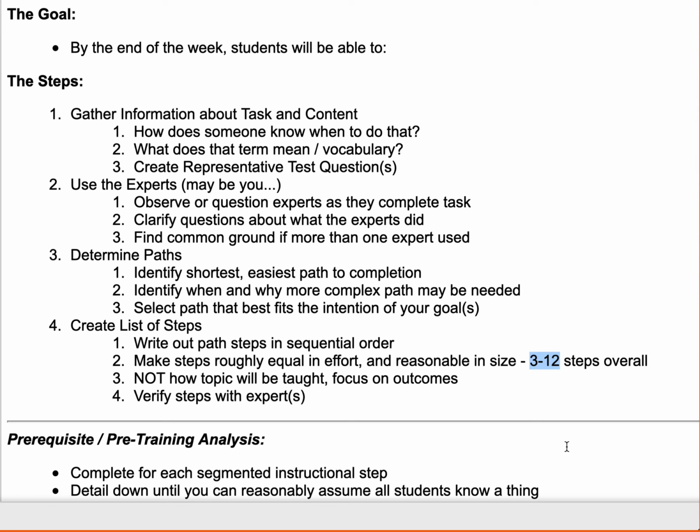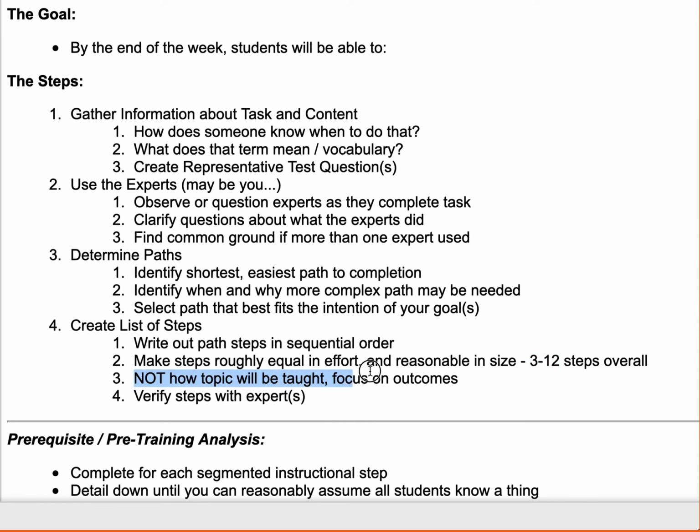What you really have then is just a thing that they need to do, a single activity. If you find yourself getting into 15 and 20 steps, then it probably means that either your goal is too broad, or that you're being too detailed with your steps, and you might want to combine some of them together into slightly larger steps.